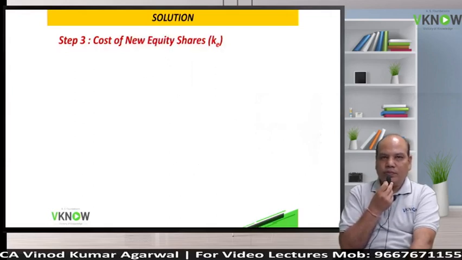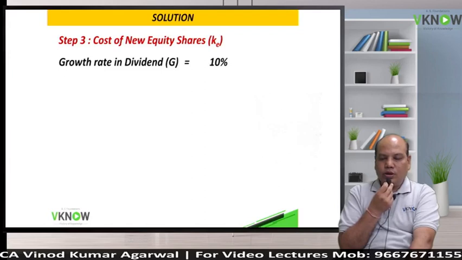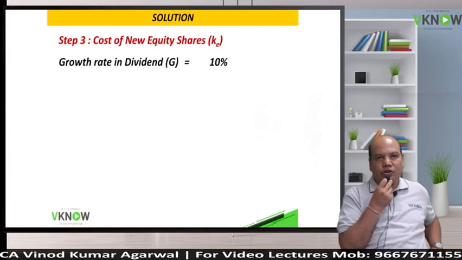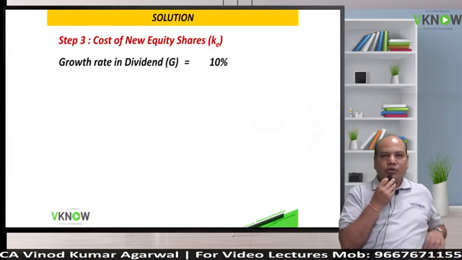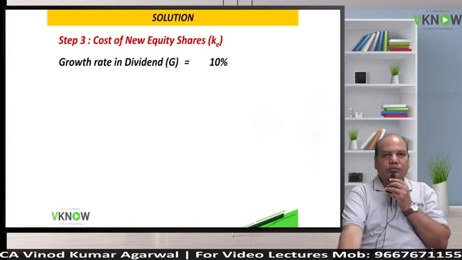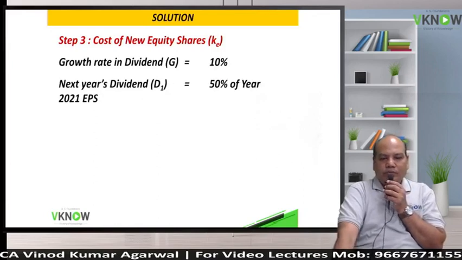13.1148%. Step 3, write down cost of new equity share. So under that, first we'll write down the basic data. Growth rate in dividend is given, bracket G, is 10%.